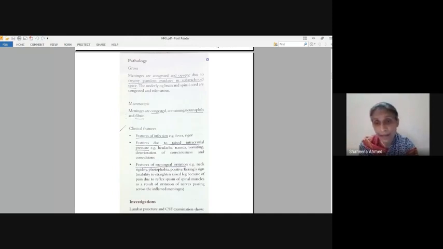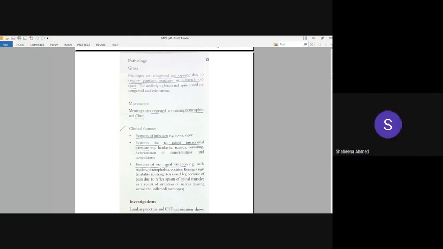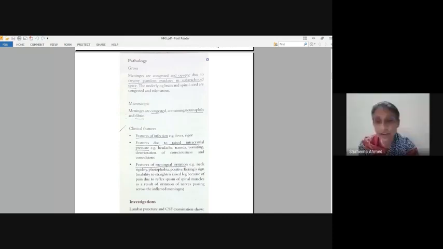The brain and the spinal cord are both going to be congested and edematous due to the inflammation. If we look microscopically, what you are going to find is congestion, neutrophils, and fibrin. Neutrophils are going to be there because neutrophils are the dominant feature where acute inflammations are concerned.